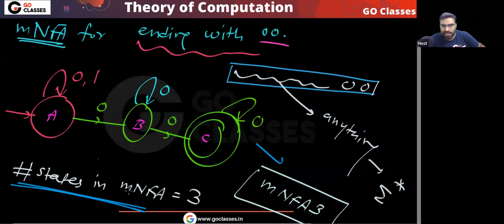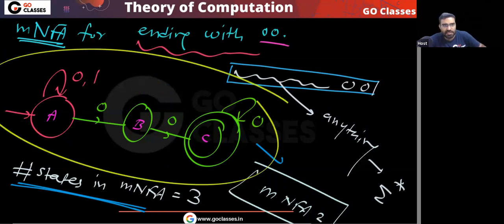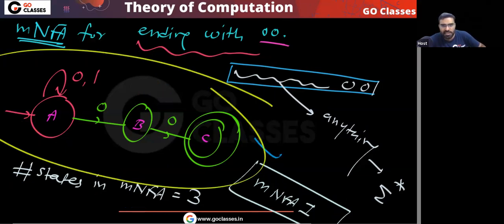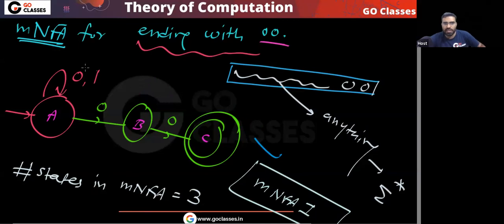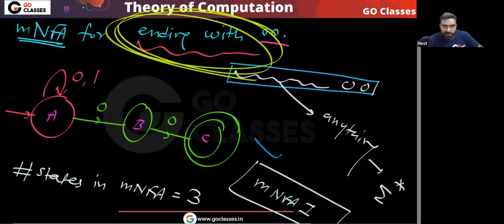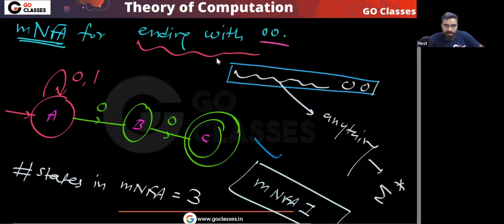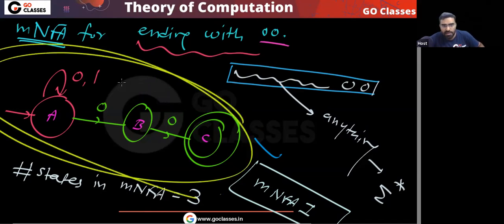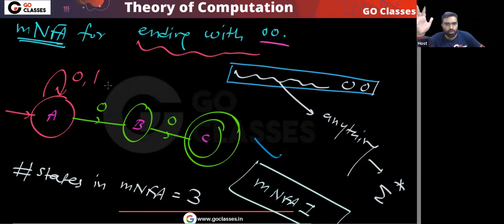So I can say that for the same language, you have many different NFAs which have 3 states. The language is the same. So I can say minimal NFA is not unique.